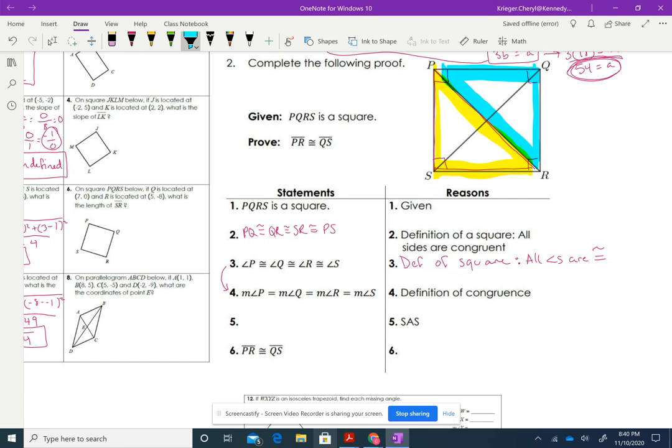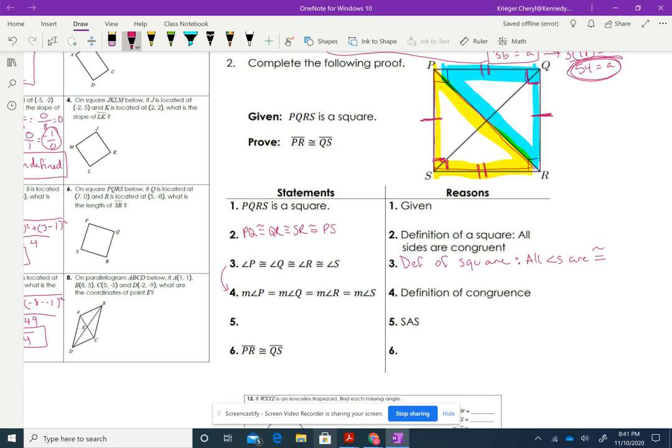So side angle side. Let's see how they got that. We have PS is congruent to RQ, right? And we have SR is congruent to PQ. Okay. And then we have the right angles are congruent to the other right angles. So this looks like side angle side to me.